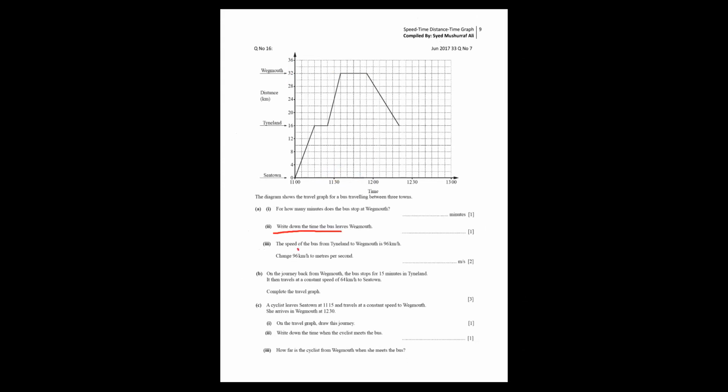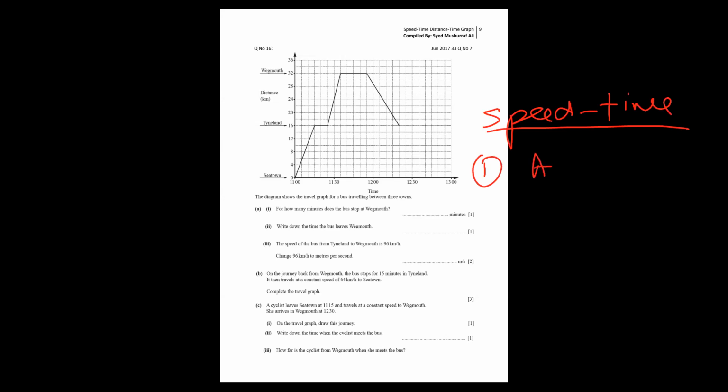Next question: write down the time the bus leaves W. So what time does the bus leave W? Naturally, the entering time is this, and the leaving time is this. Not a hard task to find a time. Third point, speed. I discussed with you the speed-time graph. We have two rules. Rule number one: area under the graph is distance, and the gradient of the line is acceleration.